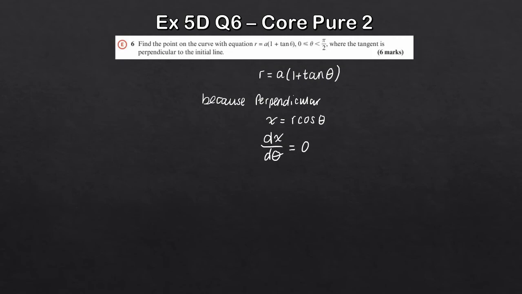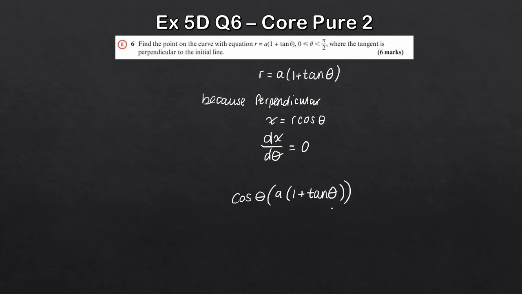So what I can do then is rewrite r here using x. Well, what I can write this as is cos theta times r, so this is cos theta times a lots of (1 plus tan theta).